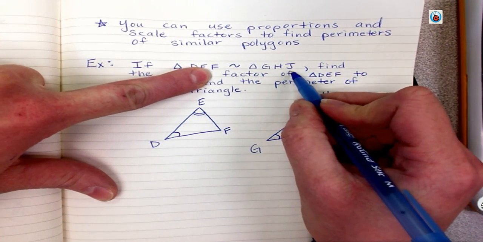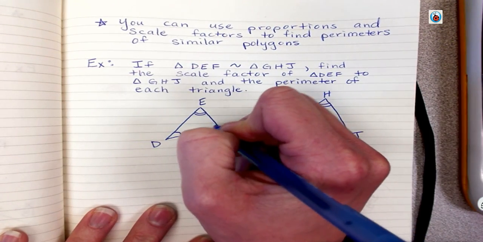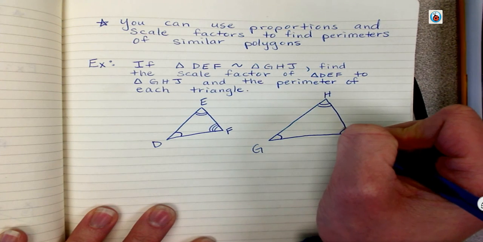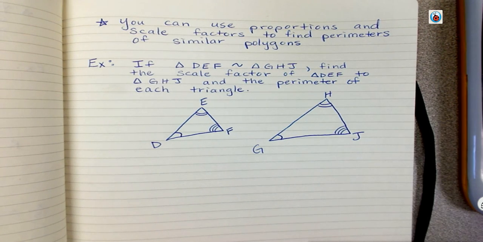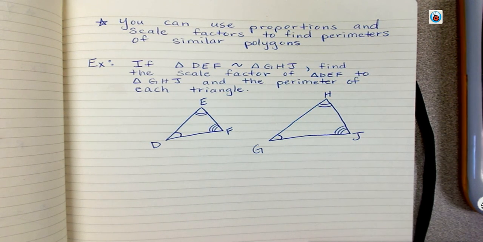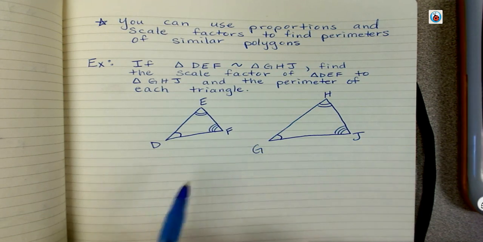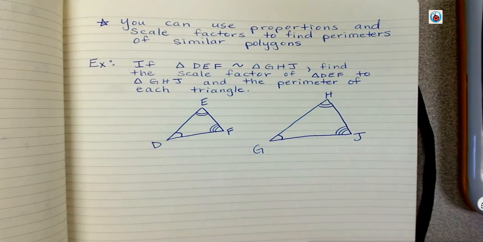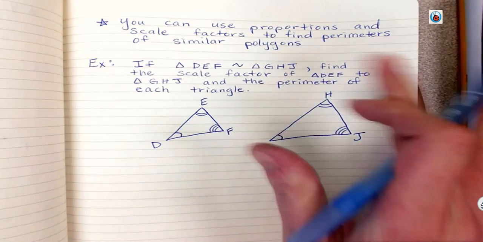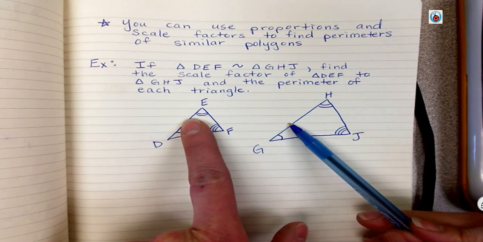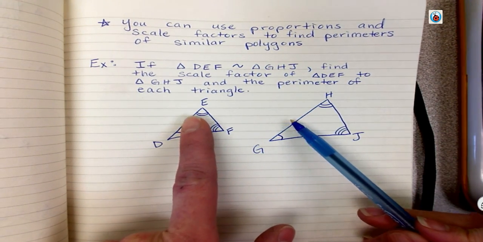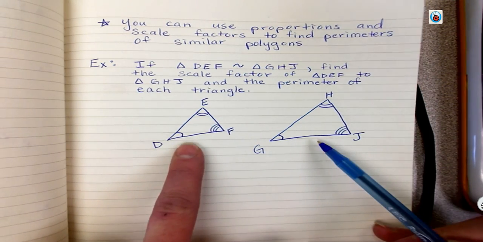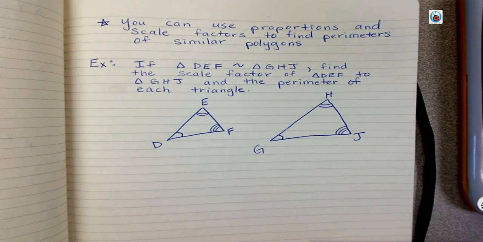And angle F and J are congruent. Okay. So those are some angle markings you can write in based on this similarity statement to help you see visually what sides might match up. I can see these two are going to be corresponding sides, these are corresponding sides, these are corresponding sides.